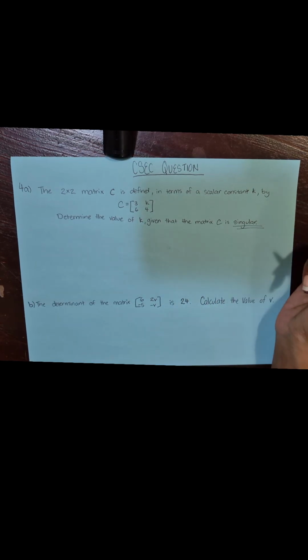So what does that mean? So we're trying to find K, we know that. But they told us that the matrix C is singular. That means the determinant is equal to 0. So if we find the determinant, then we can set it equal to 0, and we can just do algebra to find K.